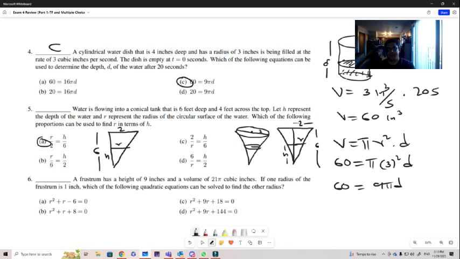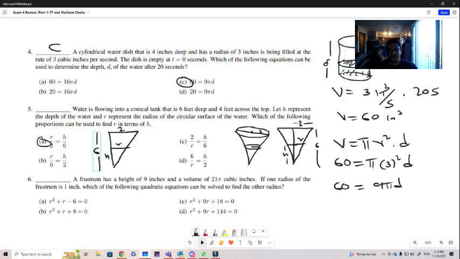Okay. Remember, you gotta be consistent. The larger with the larger, and the shorter with the shorter, or one side of here with one side of here, the other side of here with the other side. Okay, that's how similarity works.